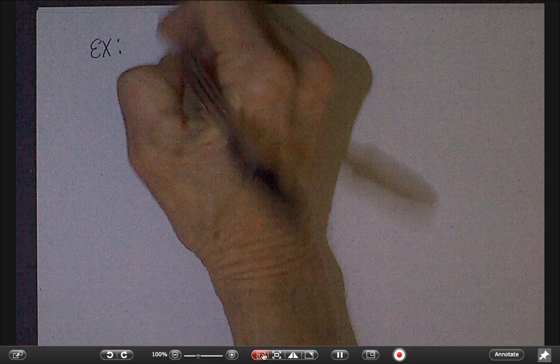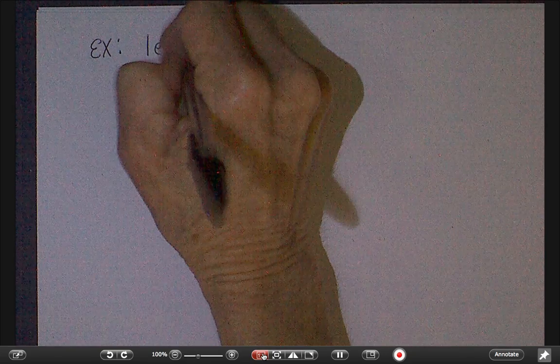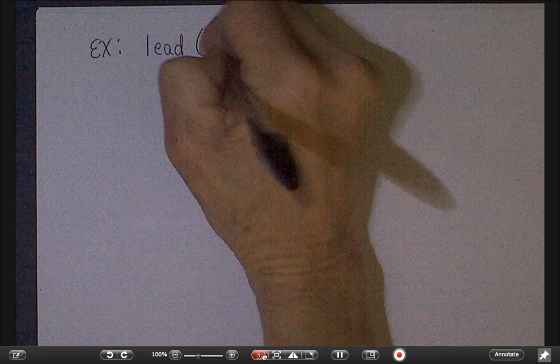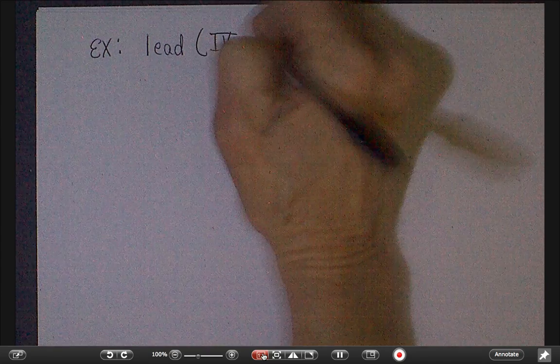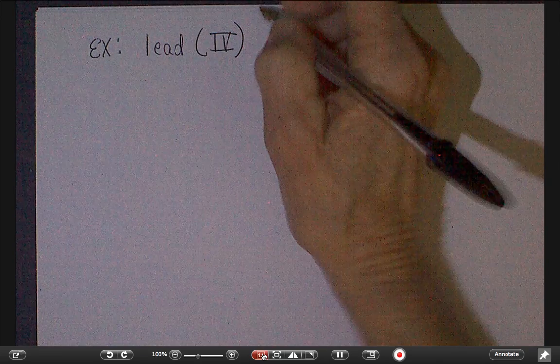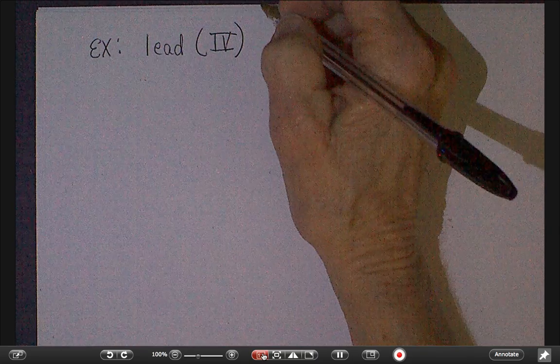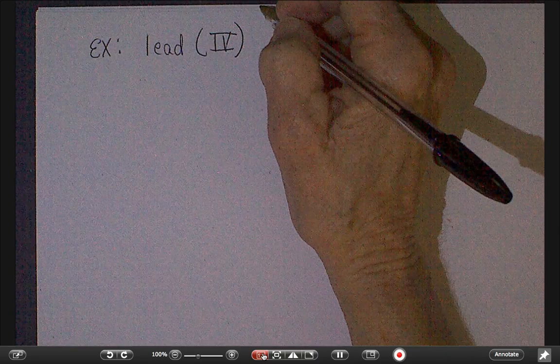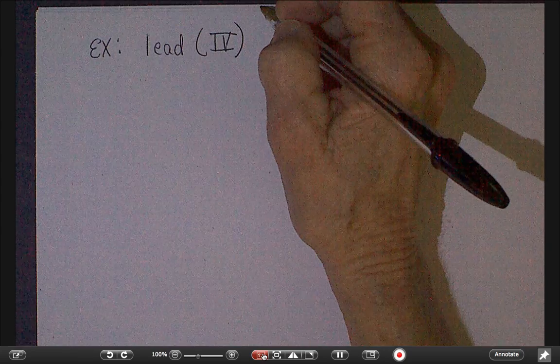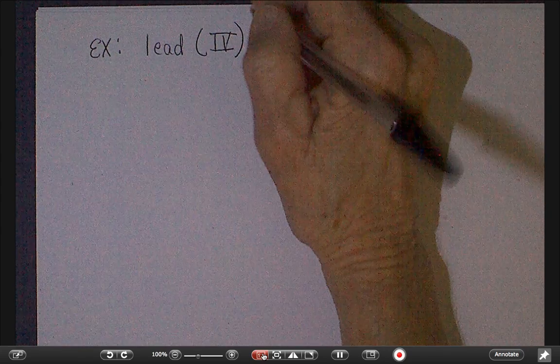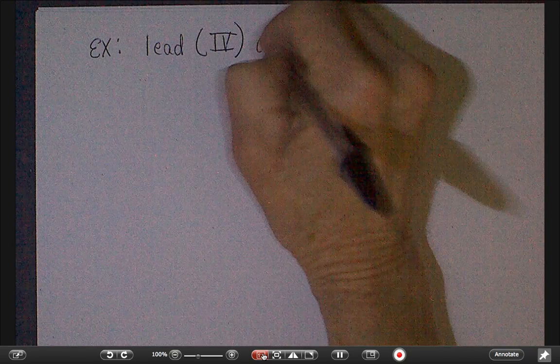Example. Lead. Roman numerals. If you don't know your Roman numerals, you better get familiar with them. IV. V is 5. 1 in front means subtract 1 off of 5, so it is 4. Okay? Oxide.